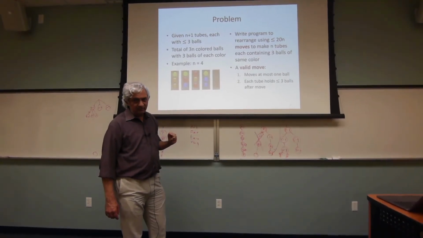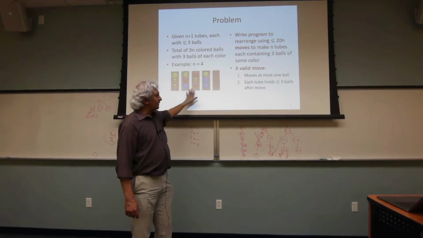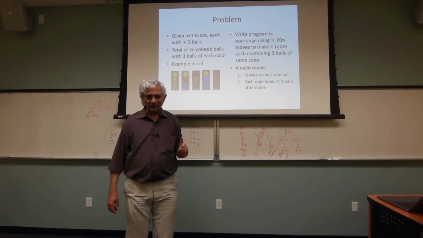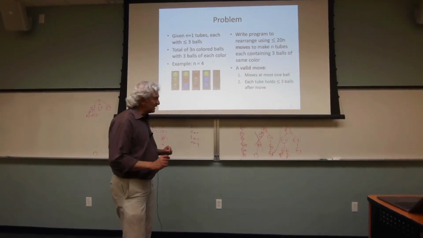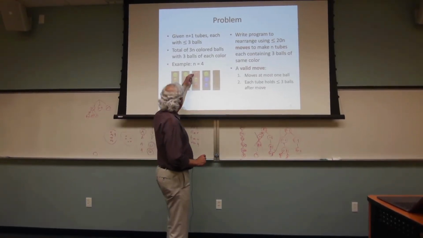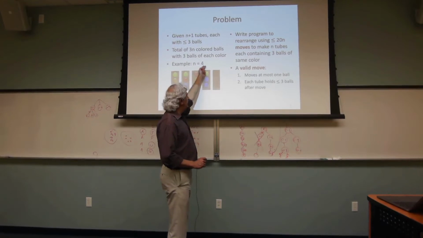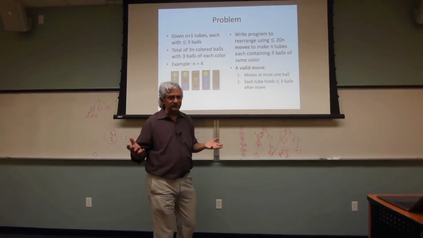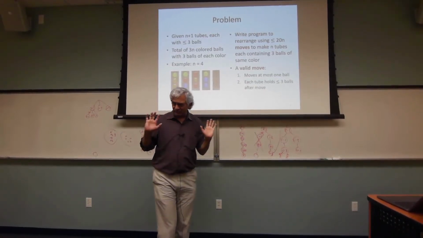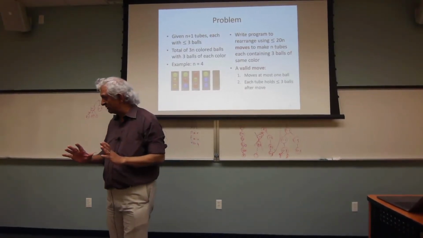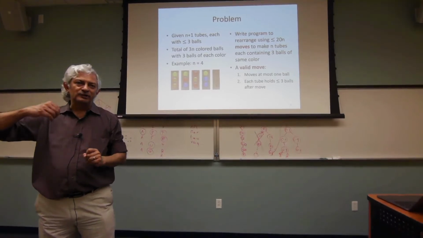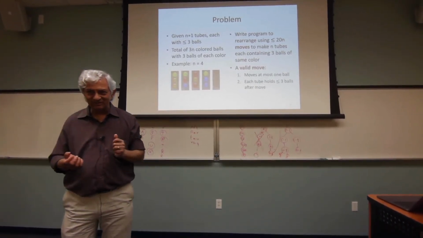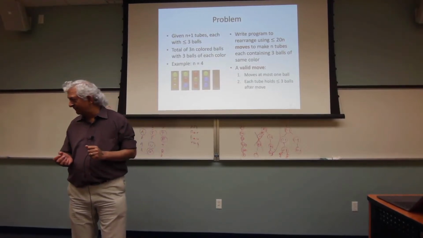Your job is to sort it so that each tube has only 1 color. And your valid moves are, you can take any ball from the top and move it to any tube that has space in it. And each tube has only 3 spaces. And you can only put it on top. You can't put it in the middle or in the bottom or something like this. You can't mess around with it. Clear?